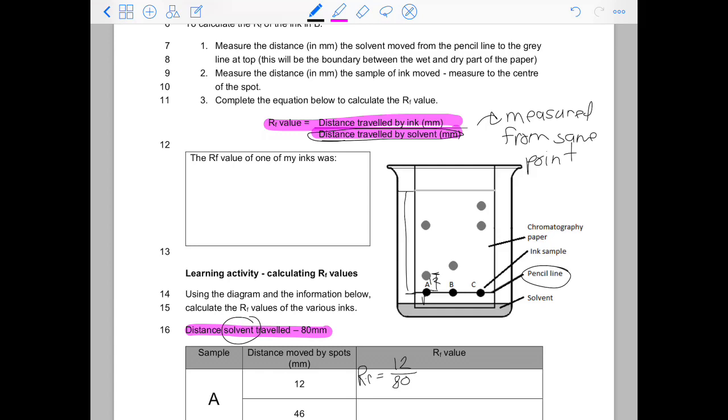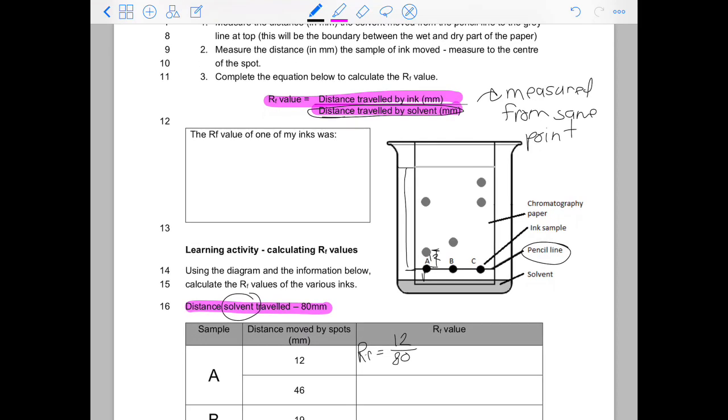So there's actually 2 RF values for sample A because there's 2 compounds within it. So if you plug that into your calculator, 12 divided by 80 gives you 0.15. This is the one case in science where you don't need a unit. The RF is just a number.